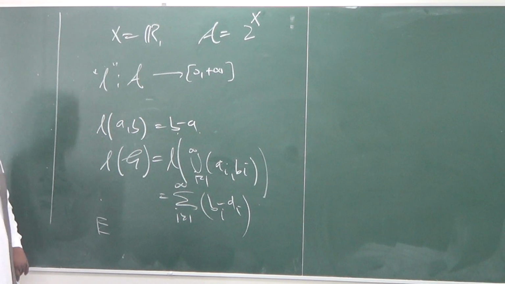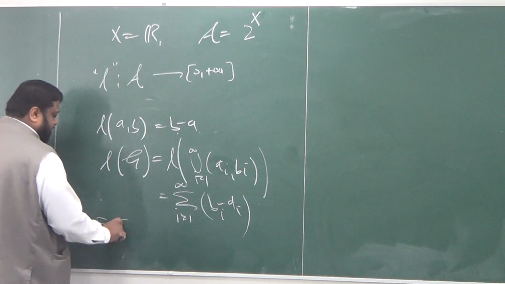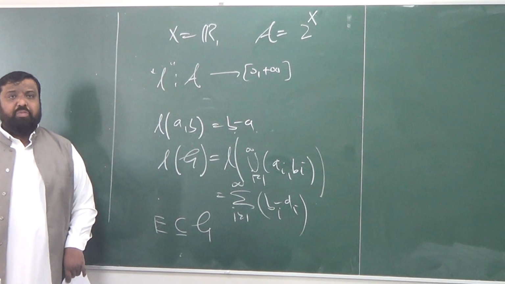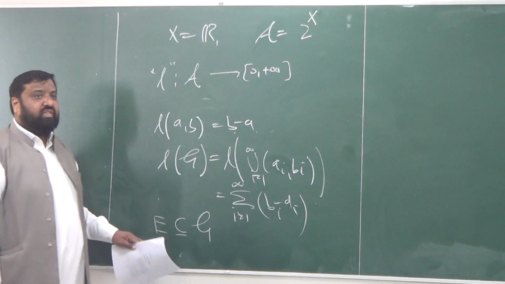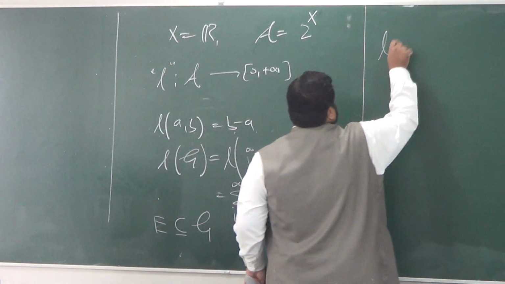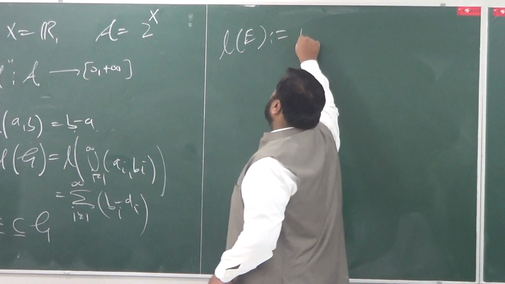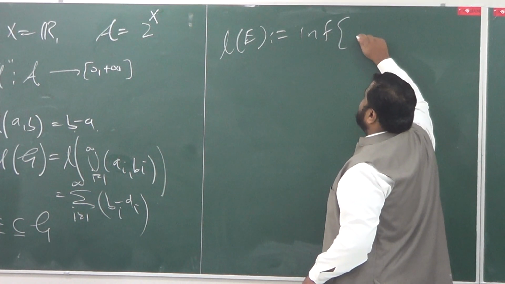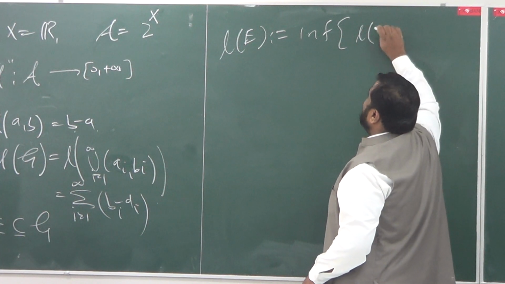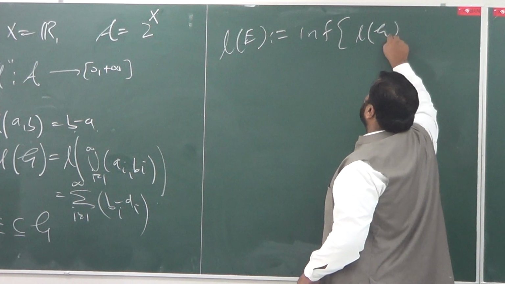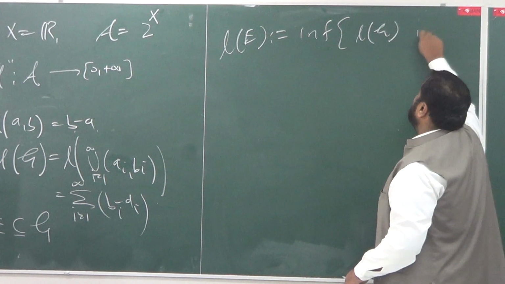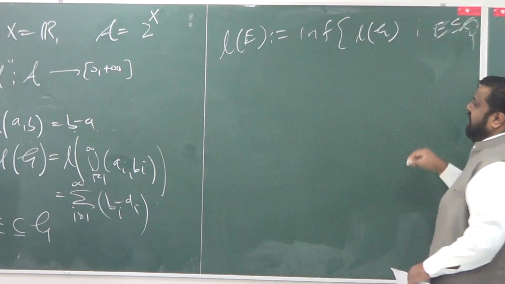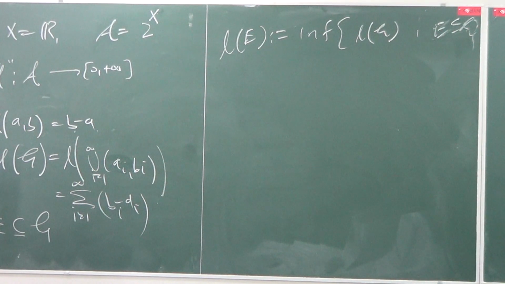One idea is that I can put this E into an open set, or maybe there are many open sets which contain E, which cover E. Then I can define the length of E to be the infimum of lengths of G such that E is contained in G.